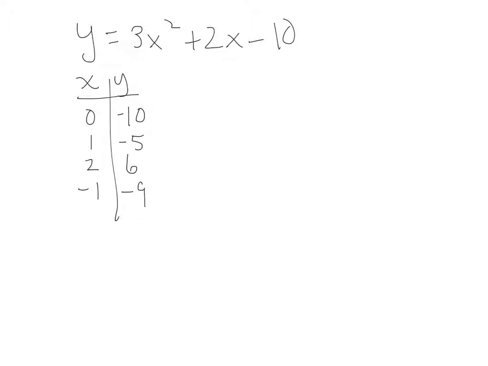And if you did this and plotted the points, let's just make a quick sketch. So we're going to get 0, negative 10, so that's going to be down here. We're going to get 1, negative 5, that's going to be here. We're going to get 2, 6, that's going to be up here.